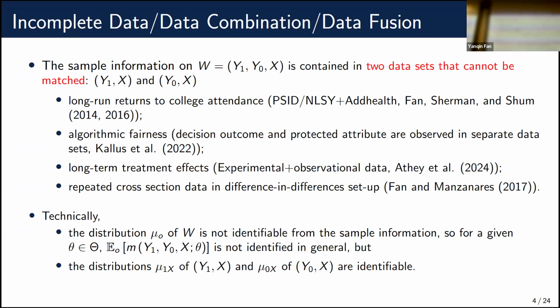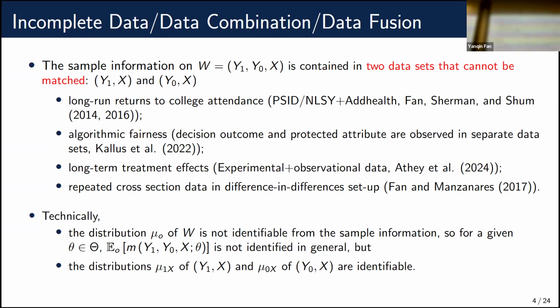One here is in economics, where we are interested in long-run returns to college attendance. This is a very important issue in labor economics. Some variables, long-run returns and some characteristics that affect college attendance, are available in the PSID and NLSY.